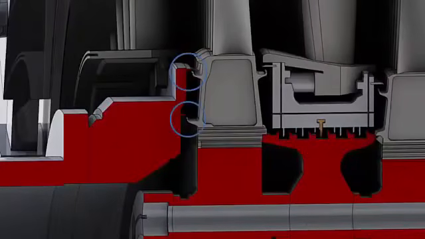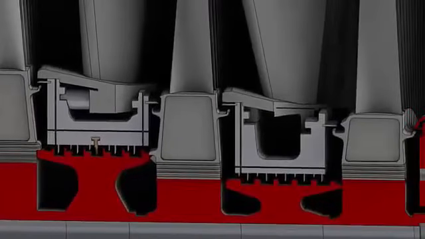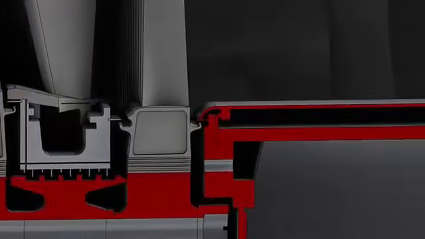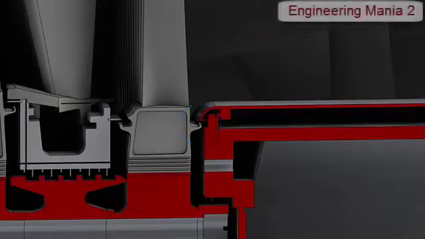Seals from the first stage nozzle support ring mate with sealing wings extruding from the forward side of the first stage bucket shank. Also, seals from both sides of each diaphragm mate with sealing wings from both sides of each bucket. The seal from the exhaust frame mates with the sealing wing on the aft side of the third stage bucket shank.